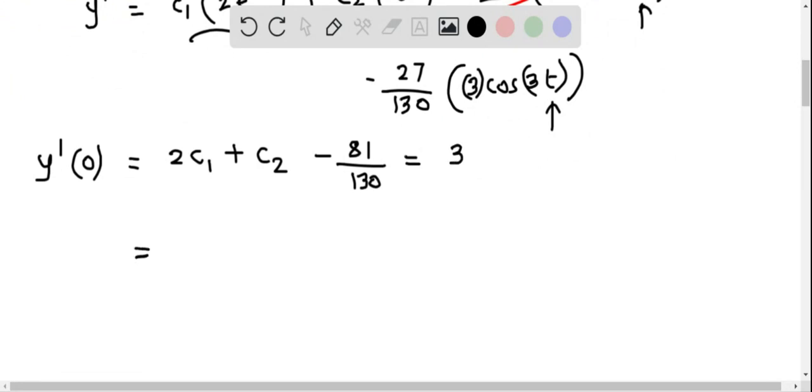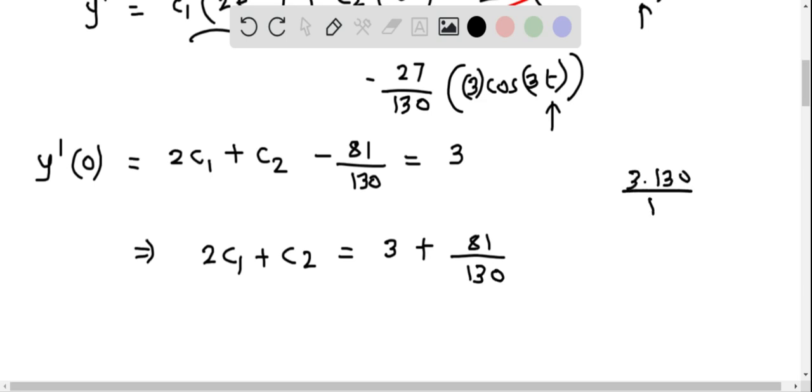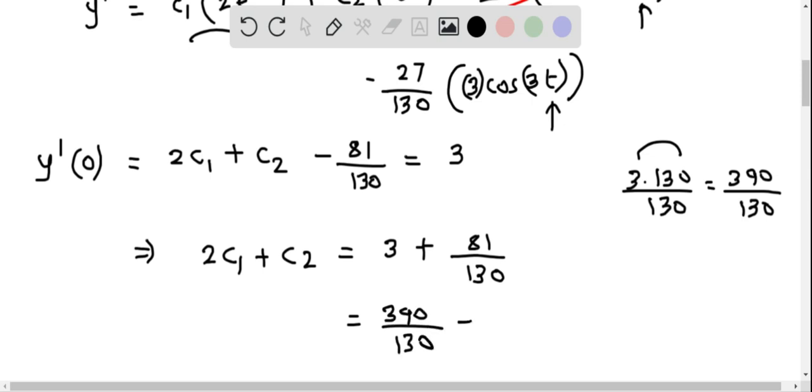Now we write the equation in terms of c1 and c2. So we have 2c1 plus c2. We add 81 by 130 to both sides, so we get 3 plus 81 by 130. Now I multiply this 3 by 130 to make a common denominator. So 3 times 130 is 390, over 130. So this is 390 over 130 plus 81 over 130.